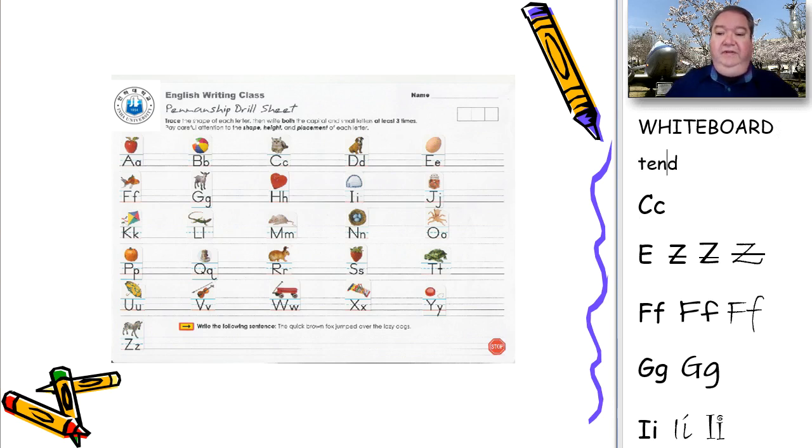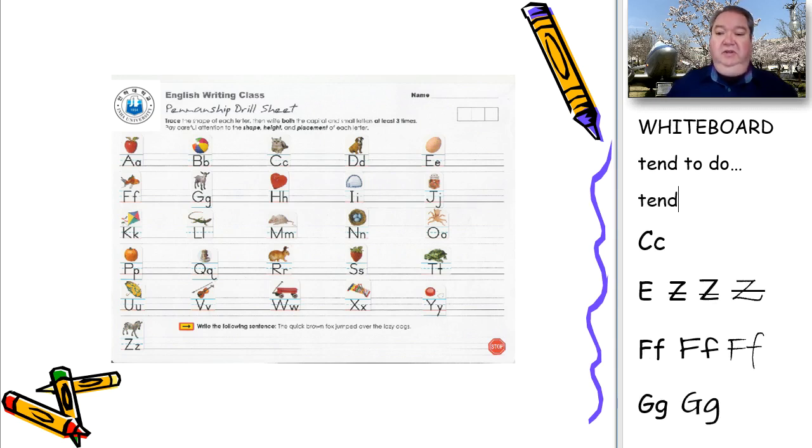If you tend to do something, that's related to the word tendency, which is like you're likely to do it. They will kind of naturally go back to their old habits or things that they have learned.